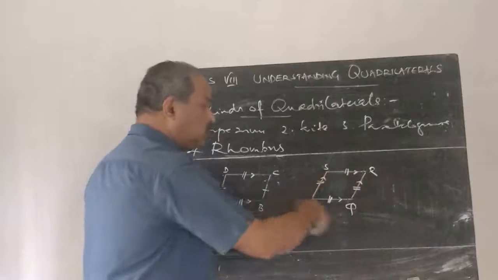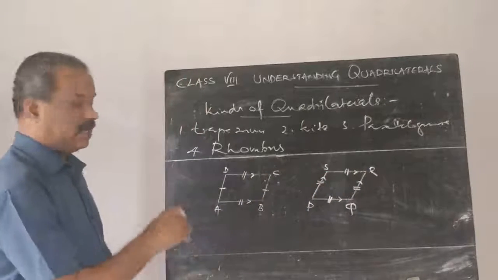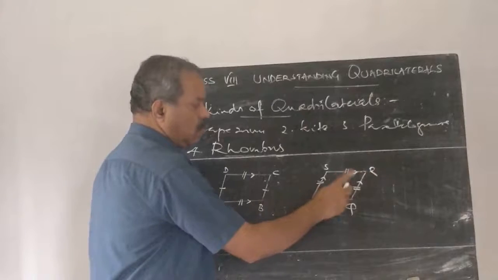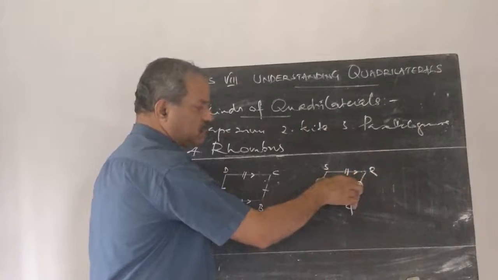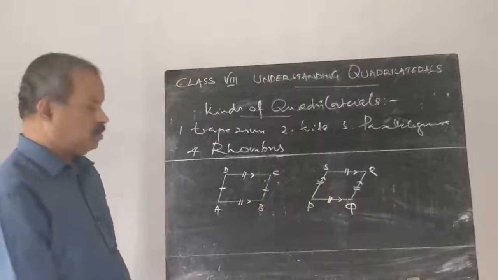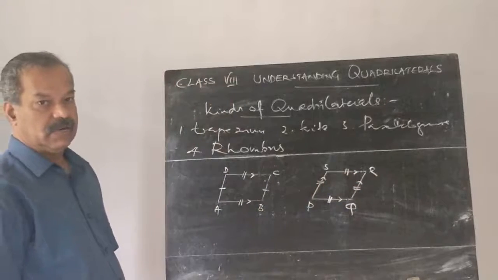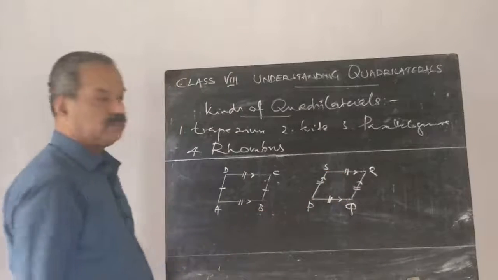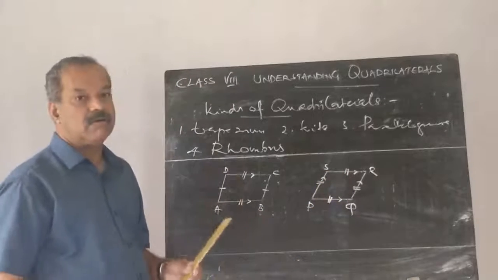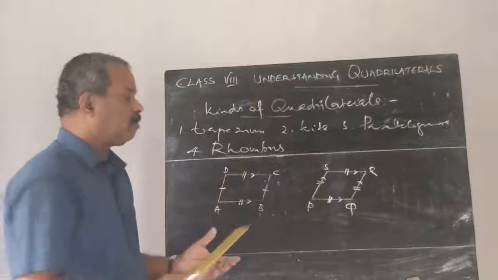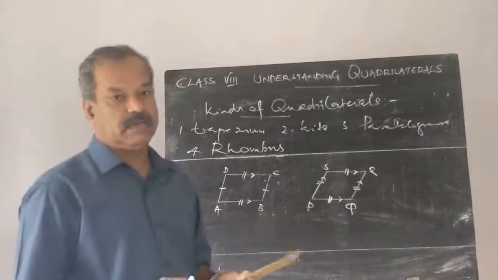Here, both pairs of the opposite sides are parallel. Also, all the sides are equal. Consider such a parallelogram. Basically, this is a parallelogram, but it has one more property.